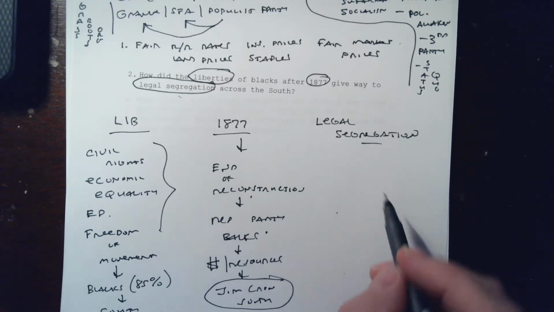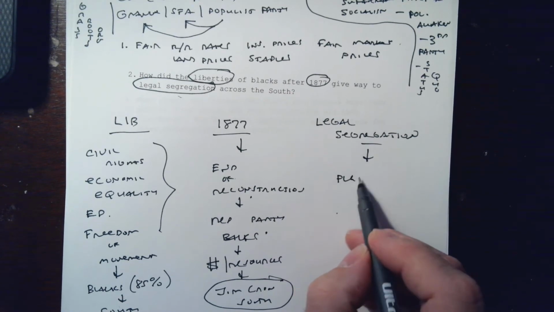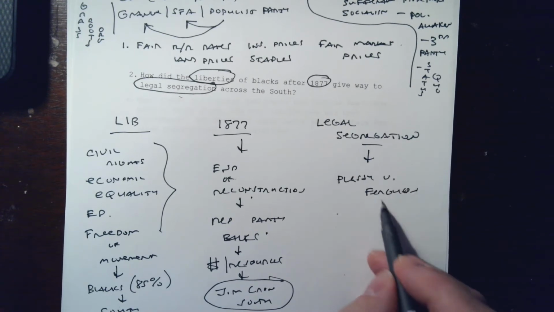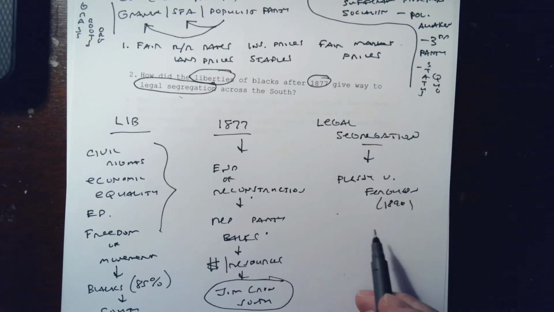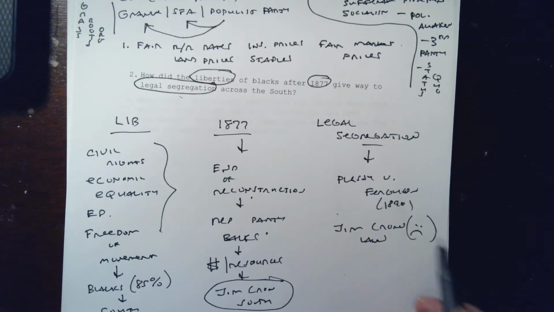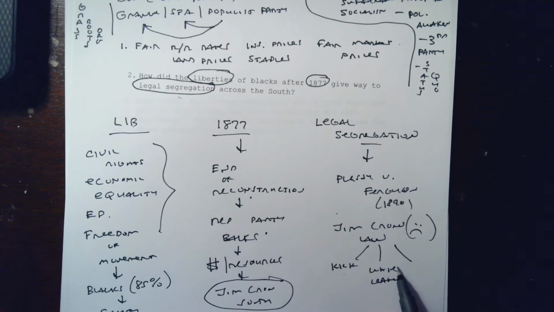And that leads you to this stanza right here, because now what you have is Plessy versus Ferguson, 1896. You now have the Jim Crow, which we've talked about. It's legal separation, and it's violence. It's the White League. It's the KKK. It's the status quo.